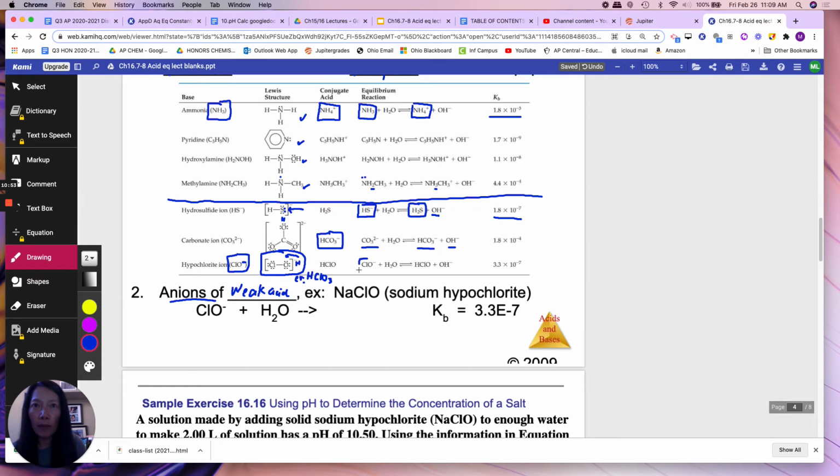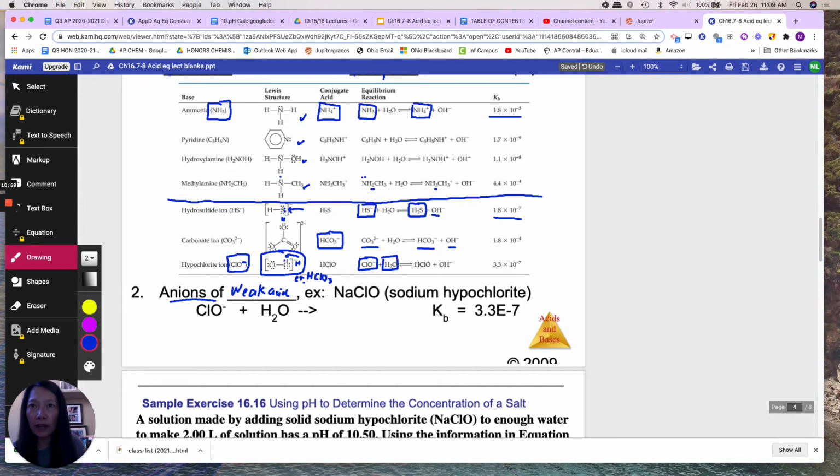When ClO minus goes into water, it can accept an H plus in one of the lone pairs right here and become HClO. You might be wondering, why did they not put the H in front of the O? We just put it in the front to make sure that you know that's the acidic proton there. So the H goes from water to that, and now you have HClO and then OH minus.